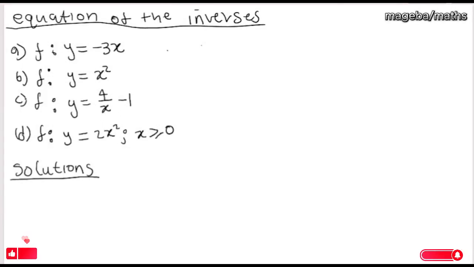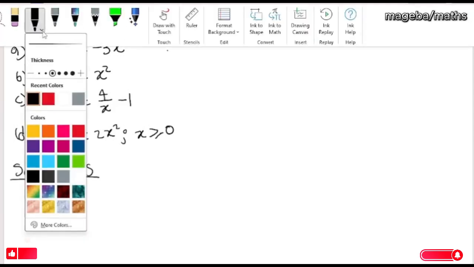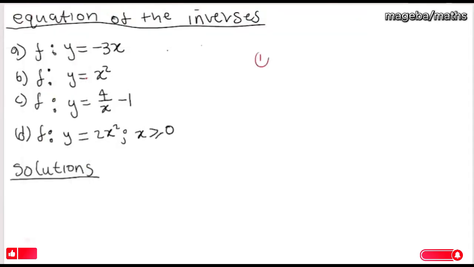Good people, today we'll be doing the equations of the inverse, where we'll be taking these functions and then doing their inverses. Now the first thing before we do the inverse that I need to highlight to you: number one, you must switch x and y.